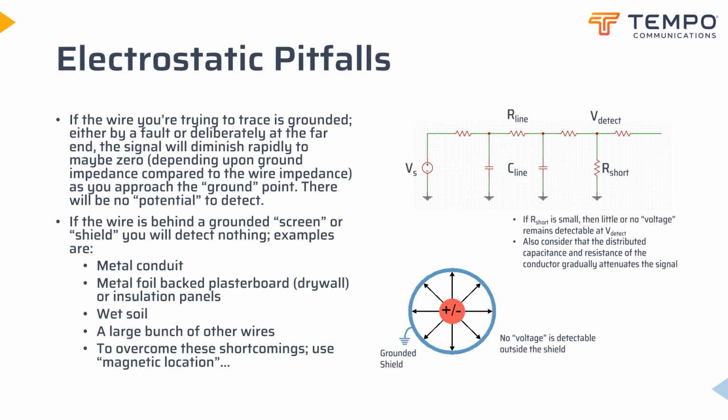You always have to consider what is or may be connected at the far end, or what faults exist on the cable you're checking. If a conductor is shielded by a metal screen, foil, or metal ducting, or conduit, or even damp soil, then no potential will be detectable outside that shield.